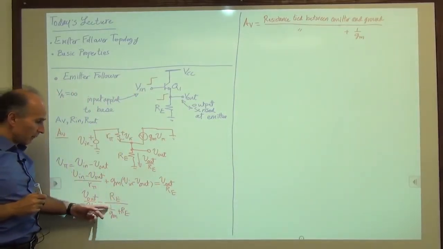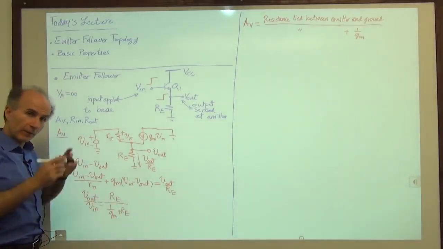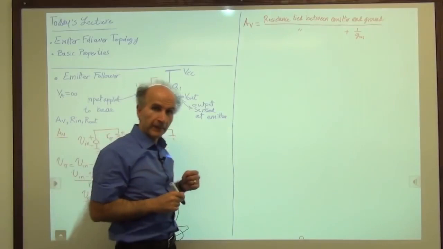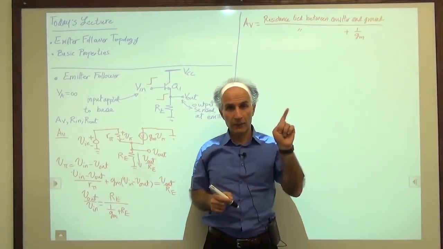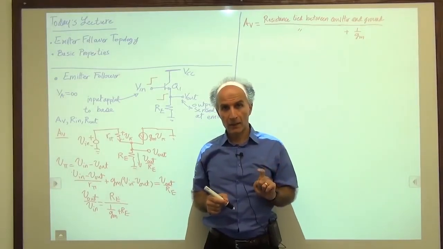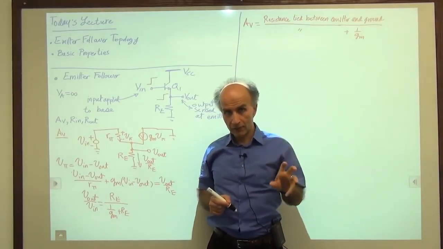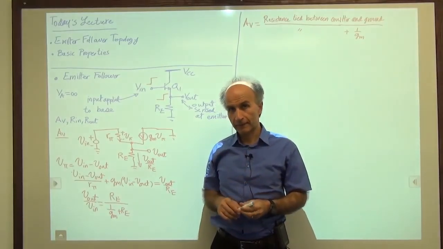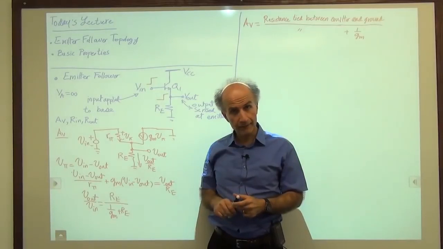Does this remind you of something, this expression here? Here we go back to basic circuit theory. And I say the gain from here to here is some resistor divided by that resistor plus another resistor. What is that? Well, that's a voltage divider, right?